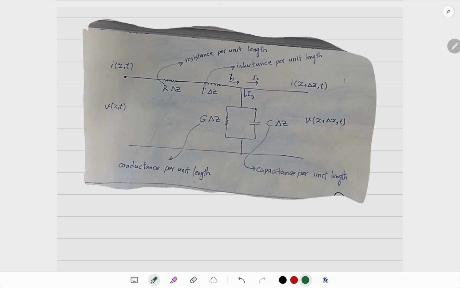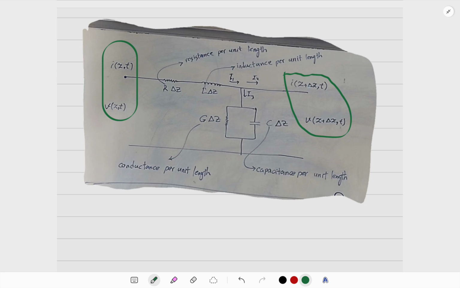We see these particular inputs from the left side, I and V. This is a current and this is a voltage, but at the rightmost side we are seeing different current and voltage equations.